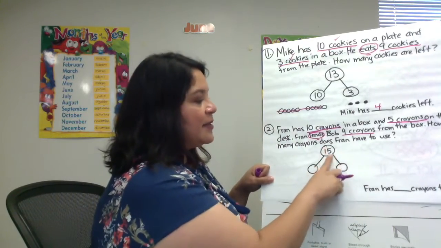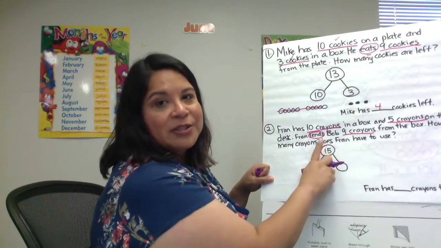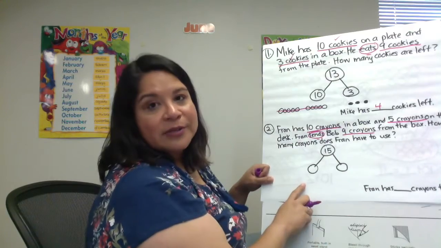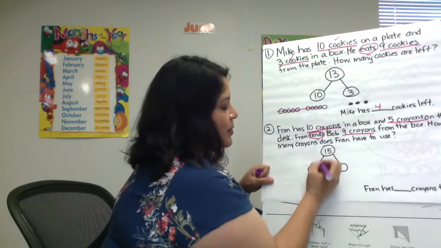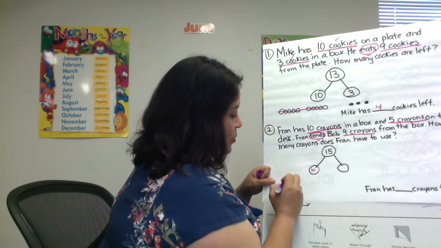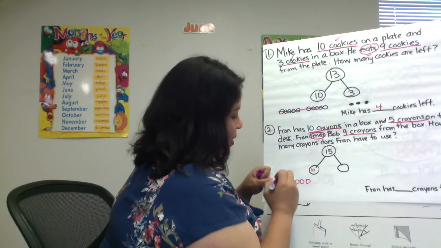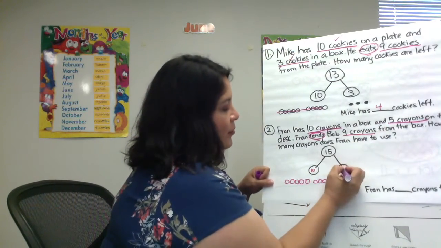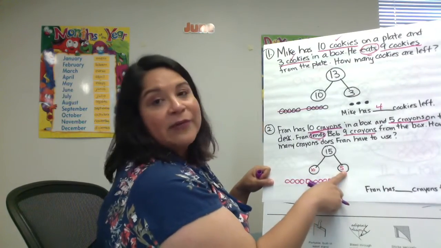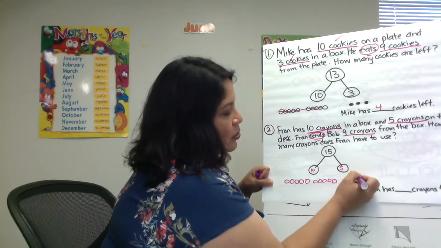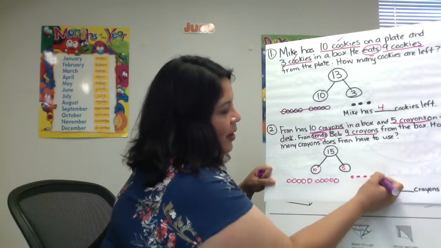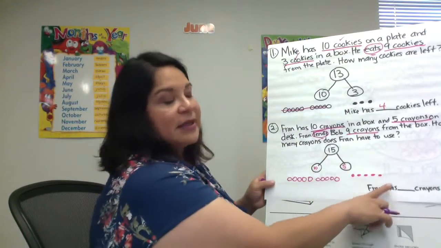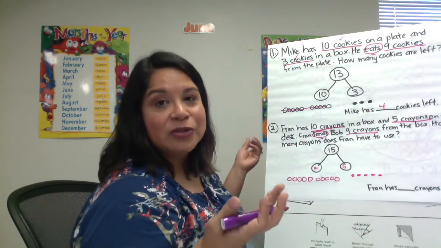Well, remember that this gives me the total of how many she started with, right? And how are we going to get the total? By using the other numbers that they give us. So here I put 10 and I draw 10. 1, 2, 3, 4, 5, 6, 7, 8, 9, 10. And then 5, because 10 are in the box and 5 are on the desk. 1, 2, 3, 4, 5, right? Now I'm not done there. You can't say, oh, that's the answer, that's it, because they want to know how many crayons does she have to use, right?